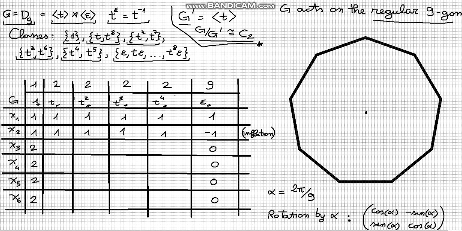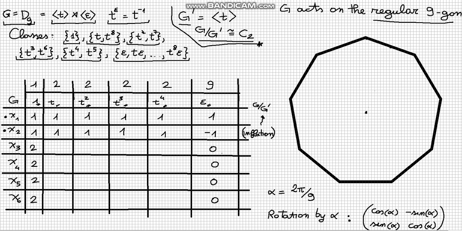Now the first line of the character table is the trivial character, and the second line is deduced by inflation using the abelianization. So here the inflation is coming from the abelianization.